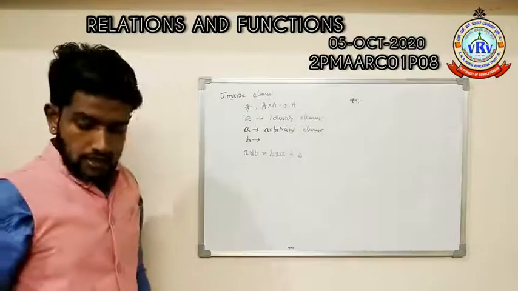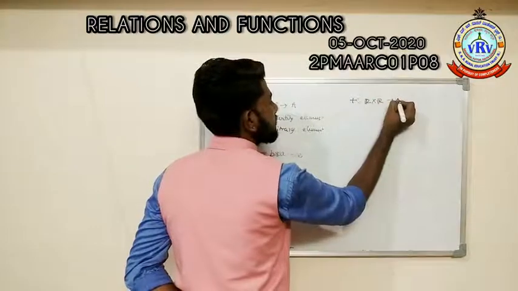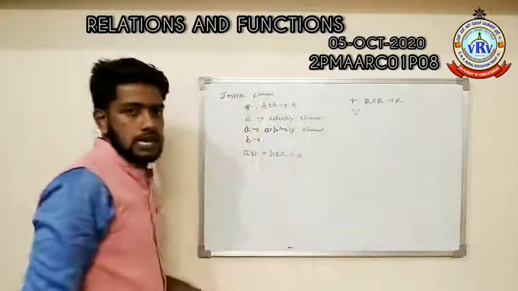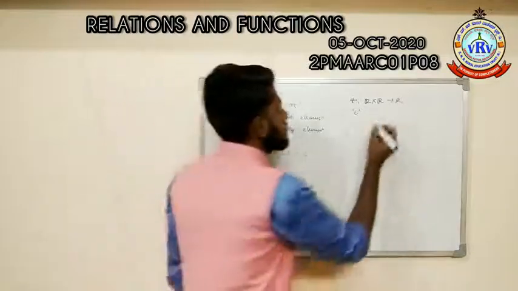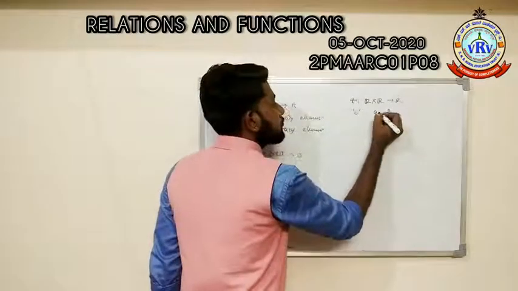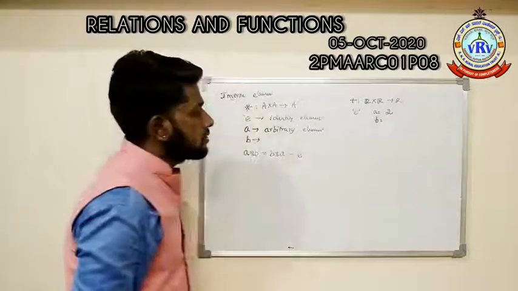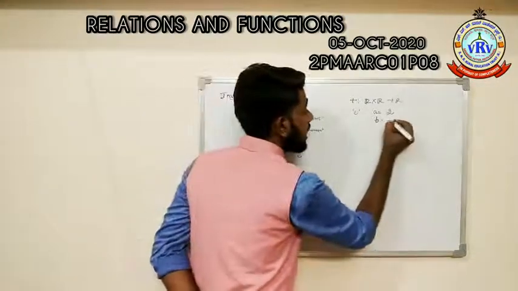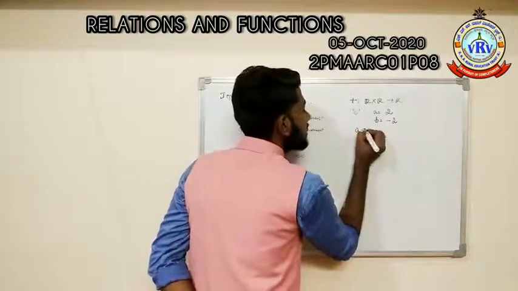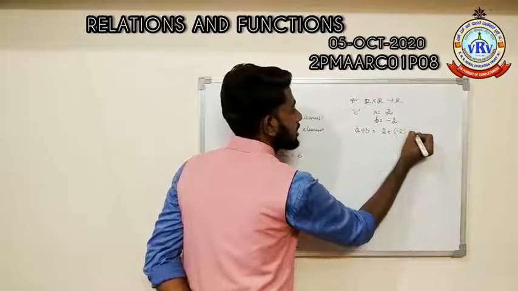Addition on the real number set. The identity element is 0, correct? For addition, the identity element is 0. I am taking one element 2, and for this 2, I can substitute the B value as minus 2, because if you add A and B, 2 plus minus 2, it will return 0.